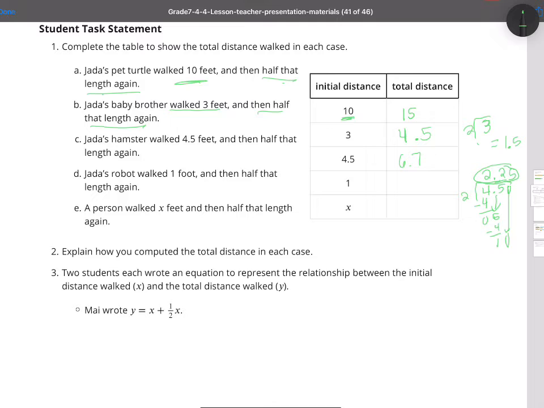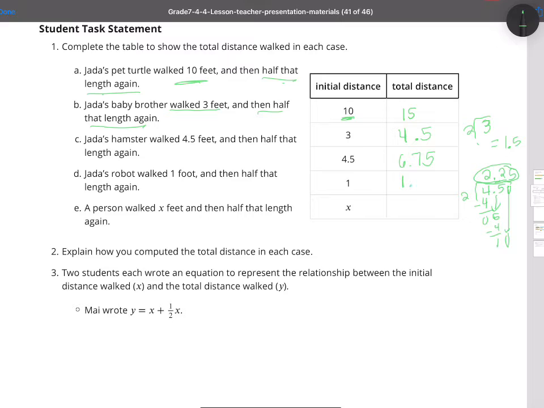6.75 hundredths. Okay? So then for the next one, Jada's robot walked 1 foot and then half of that length again. For 1, what's half of 1? If you guess 1/2 or 0.5, you are absolutely correct.